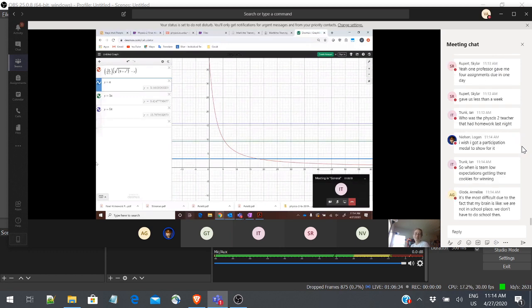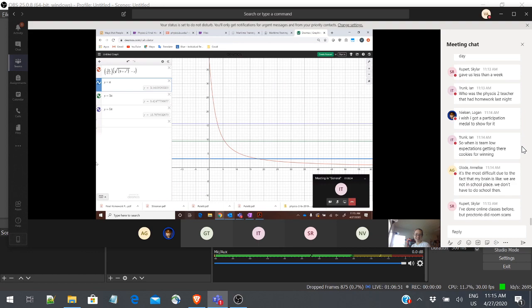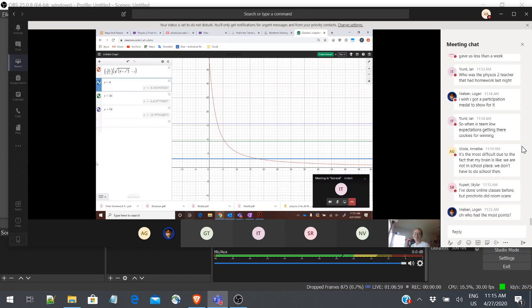I mean, Team Low Expectations generally, I think, would have come out the winner. No offense intended to teams Pink Floyd and Supercalifragilisticexpialidocious. Room scans, that's freaky. I'm not in the school place. I'm having a really hard time with it too.